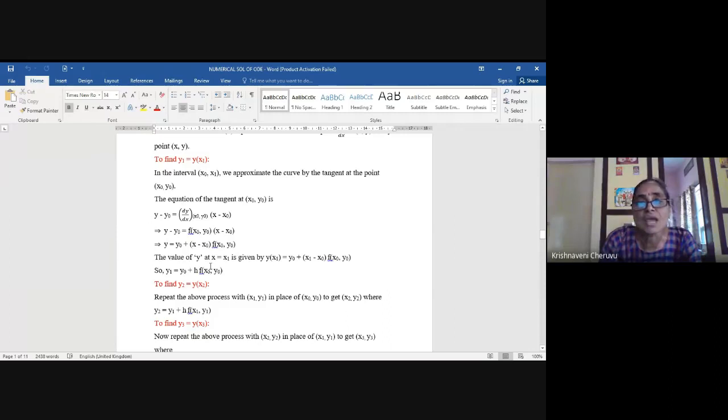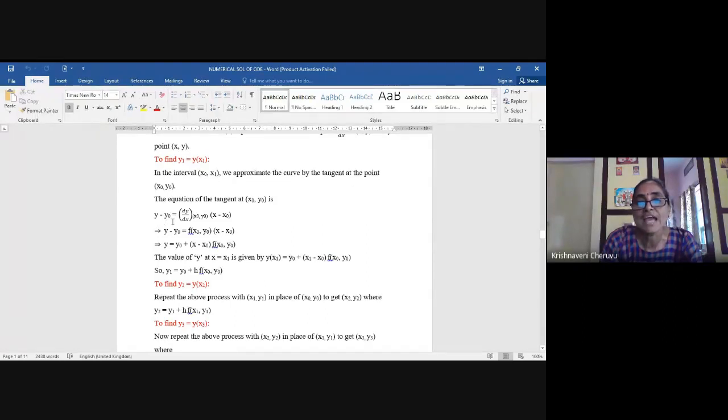See, in the first step you started with x0, x1, girls, and you wrote the equation of the tangent line at the point x0, y0, and you got the y1 formula. Now you are starting with x1, x2 to get y2 at x2. So here you have to replace x0 by x1, x1 by x2.